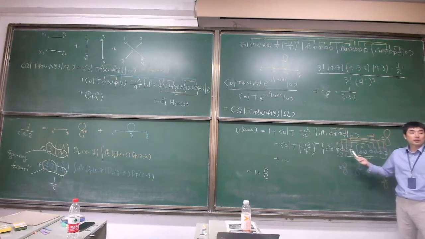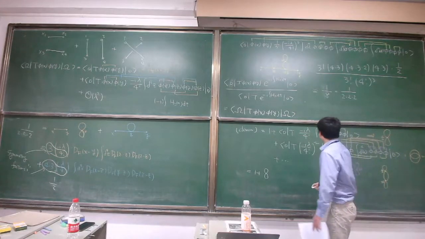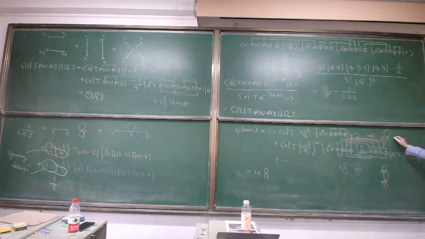So this will give you the factor, the minus i lambda, we know 8. 1 over 8 is the symmetry factor, the same as over there. And then dz and df, 0 and 0. 0 means z minus z.